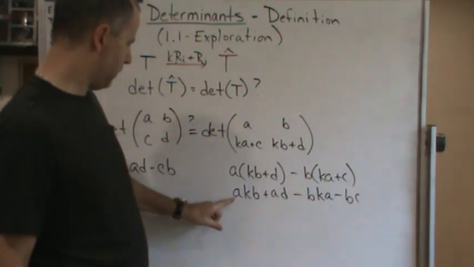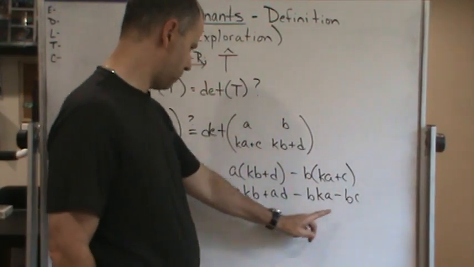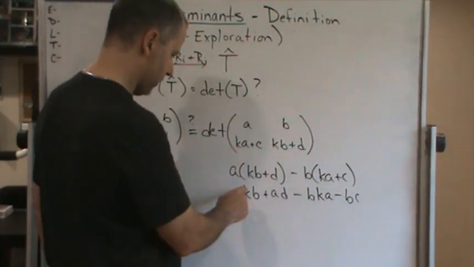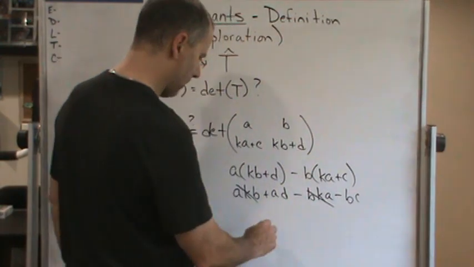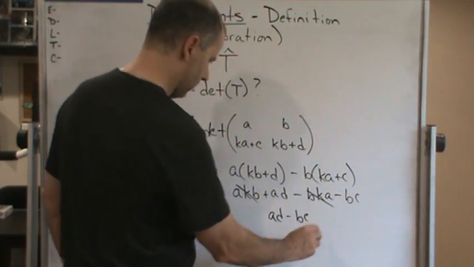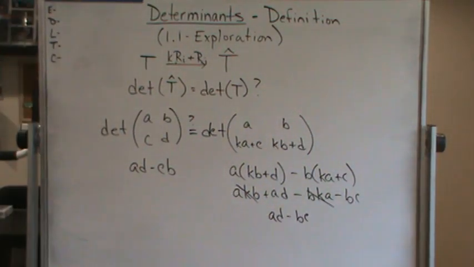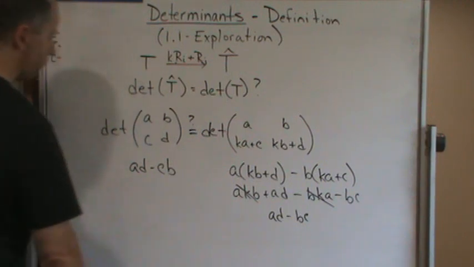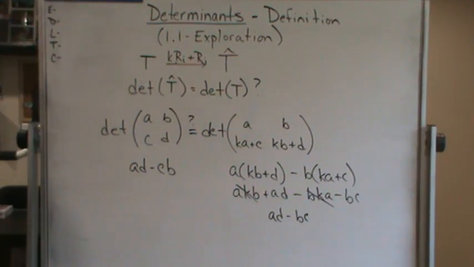But notice this product is the same as this product, and they have opposite signs. So they cancel, and look at that, we get the same thing, AD minus BC. So they're the same. Not bad. Okay, that's a good sign. All right, let's do the 3x3 case and see if we get the same thing.